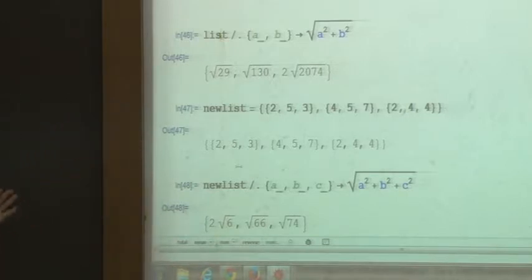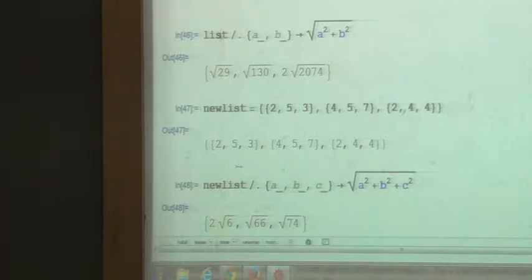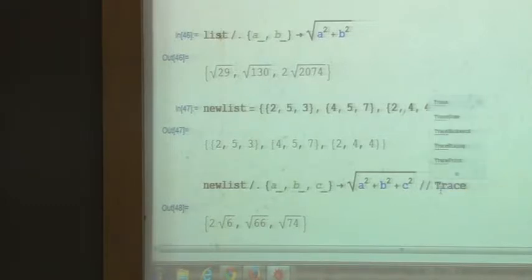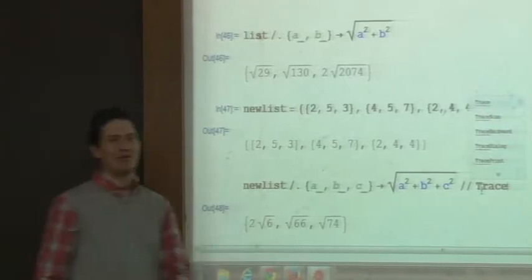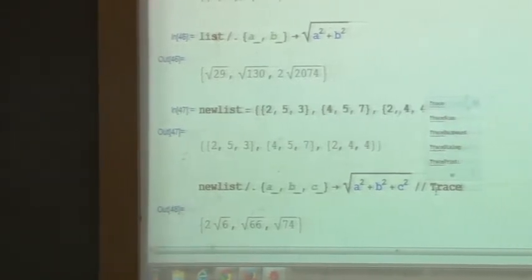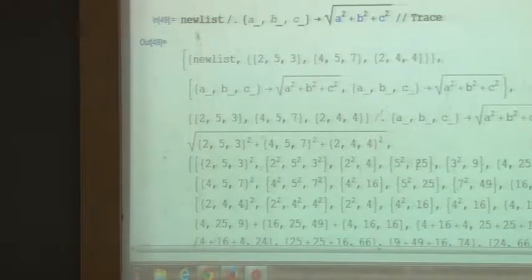So you're going to trace step by step the calculations that Mathematica is doing. Alright? To implement that function, we use postfix notation here. Trace. So I want to trace all the steps that Mathematica takes to give me these numbers. Where are these numbers coming from? So, who can tell me what's going on now?